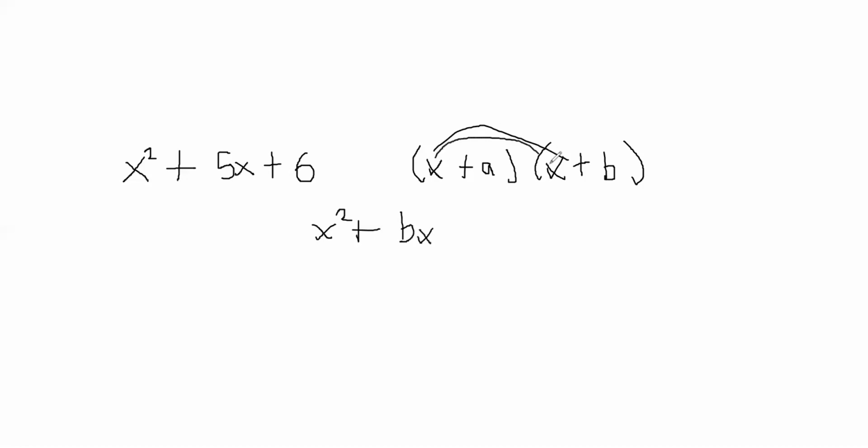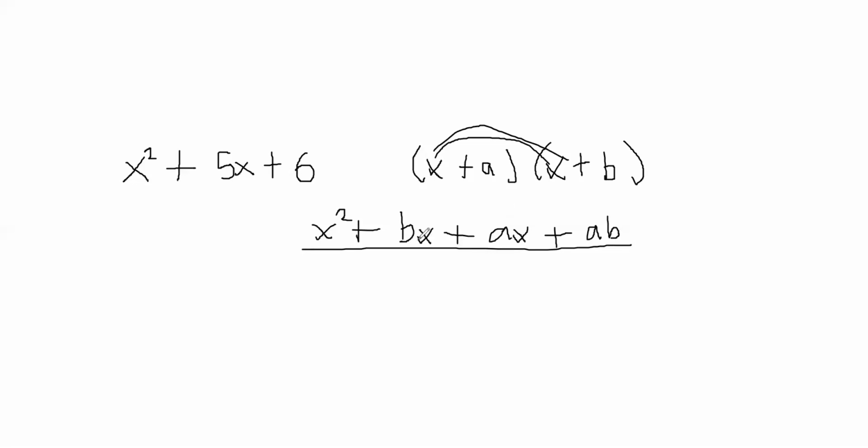Because I go to the first term and then to the second term. And then moving on to a times x, the first term, would just be ax. And lastly, a times the second term b would be ab. So if I have any two numbers, a and b, this is what the overall quadratic equation will look like when I'm done FOILing this out.